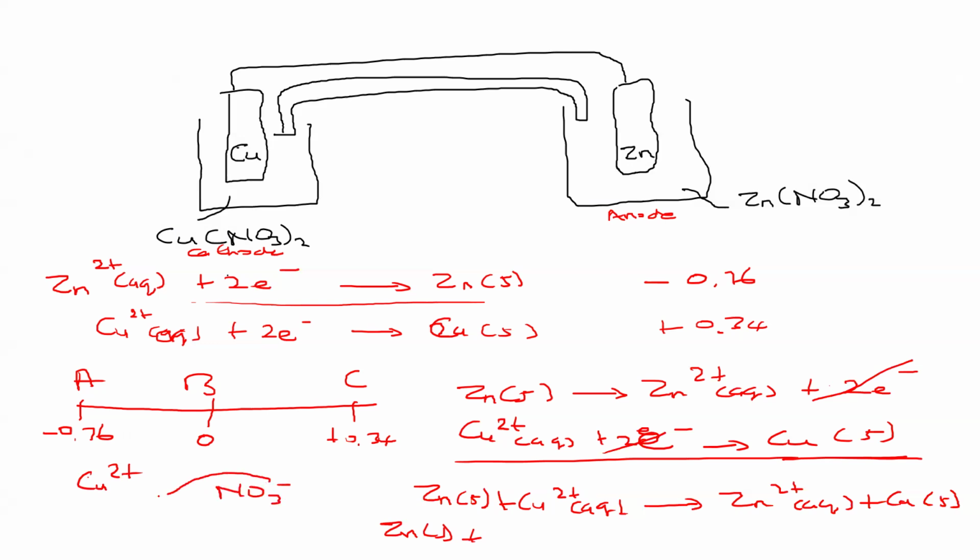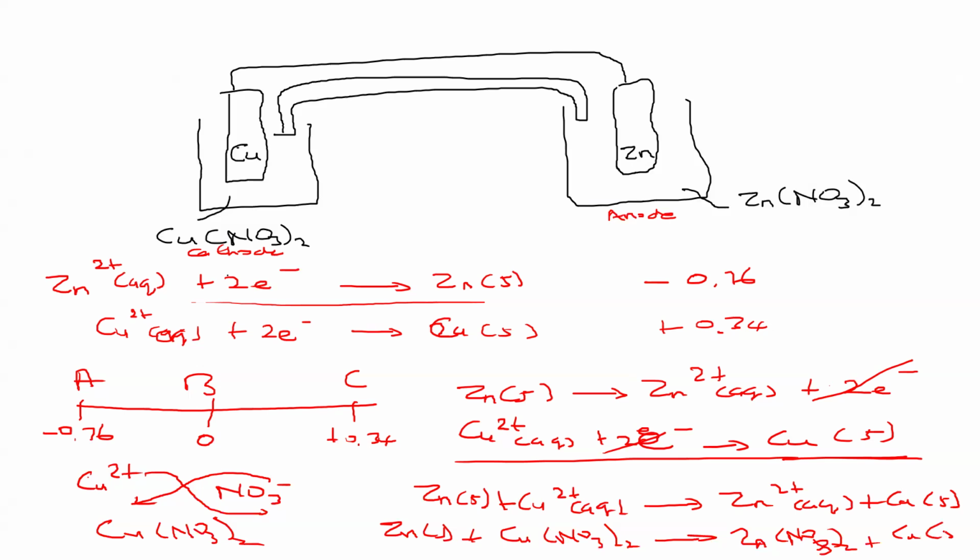This one comes here, and this one comes there, so it will be Cu(NO3)2. It depends on which way you prefer. Then this one will be zinc nitrate, Zn(NO3)2, plus copper solid. So that's how we write the net balanced reaction.